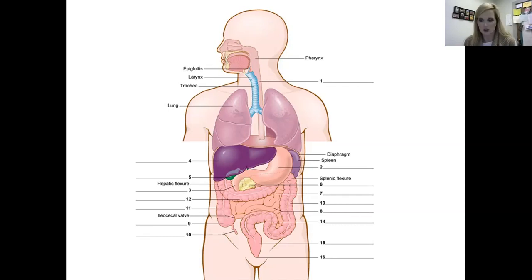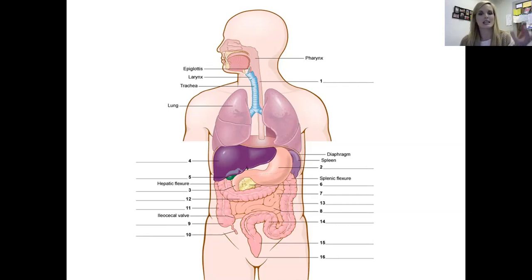Number 11, so if you think about it, food will travel from that cecum and is now going to go up this section before it moves across the next section and then down that final section. A way to think about the names is the way that the food is moving and what direction it's going. Number 11 is called the ascending colon. Because food is going to ascend through this section of the colon, that's one way we can think about its name.